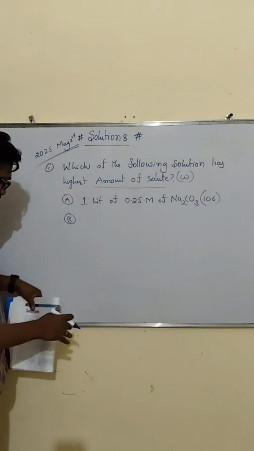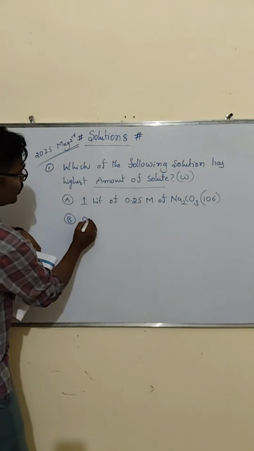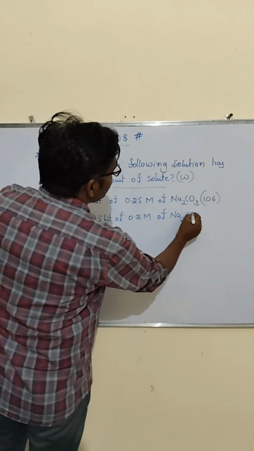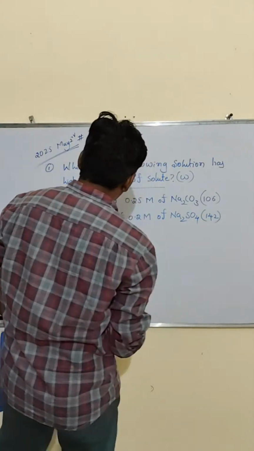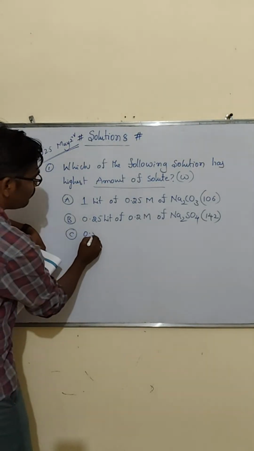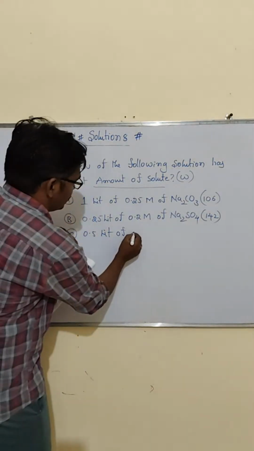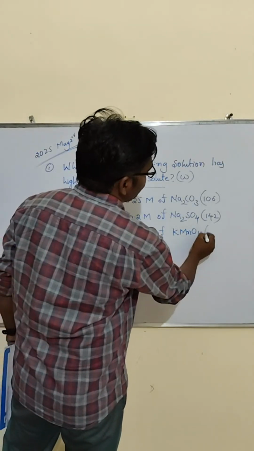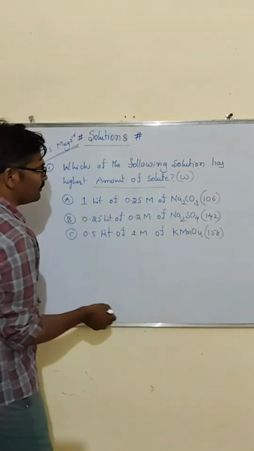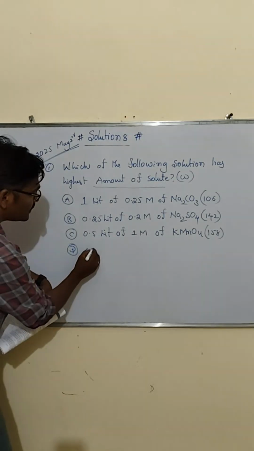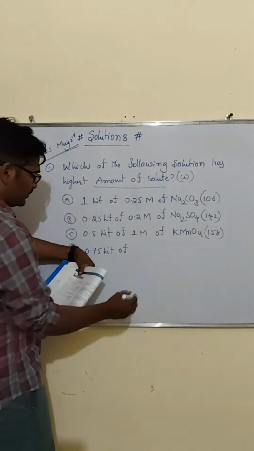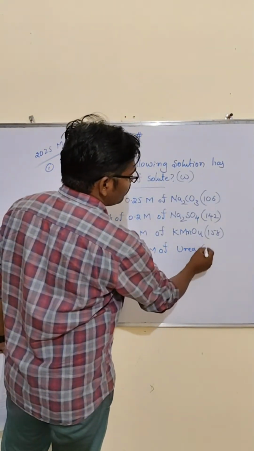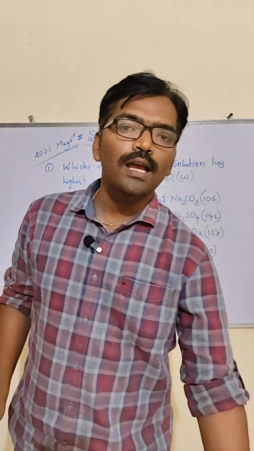B, 0.25 liters of 0.2 molarity Na2SO4, molecular mass 142. C, 0.5 liters of 1 molarity KMnO4, molecular weight 158. The last option, D, 0.75 liters of 0.5 molarity urea, molecular weight 60. So this is the question: which of the following has the highest amount of solute?